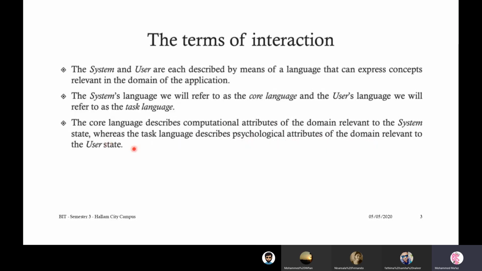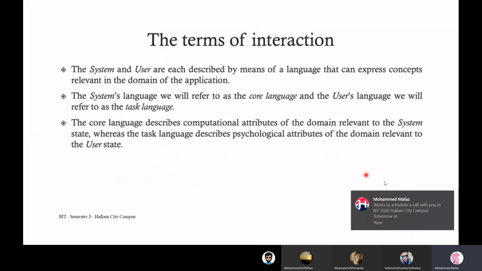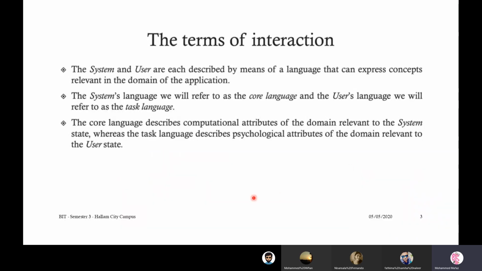Okay, so let me put this into a simple way. You have the system, you have the user. From the user, if you want to say something to the system, you use the core language. So it's called the computational attributes, domain relevant to the system state, because we need to translate whatever is from the user side in a computational manner towards the system.